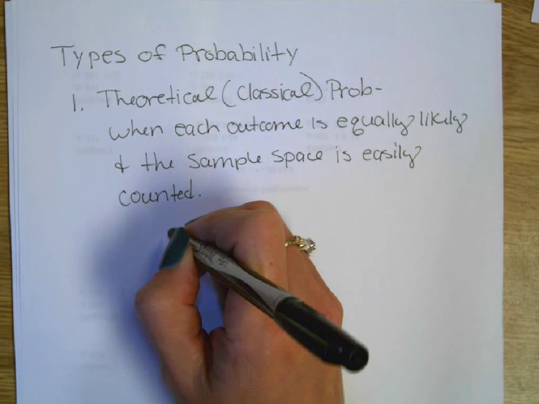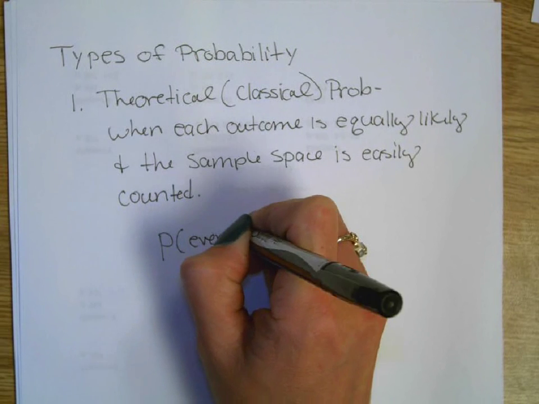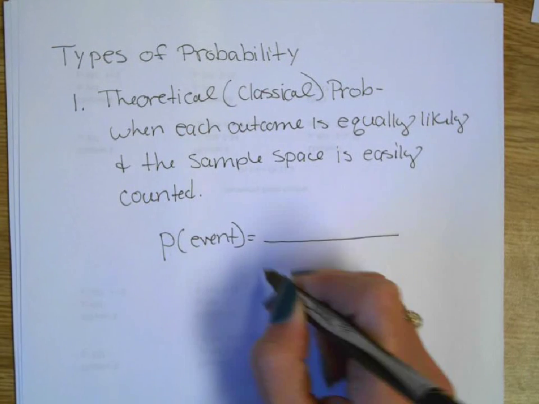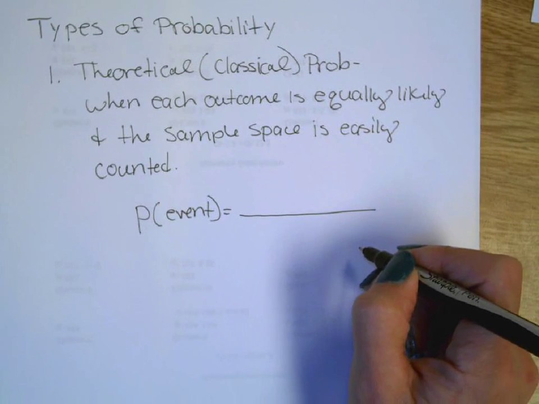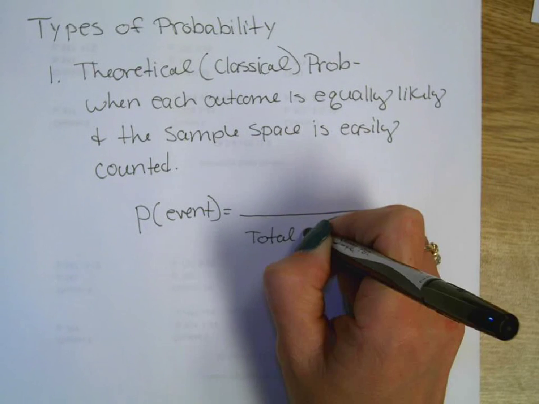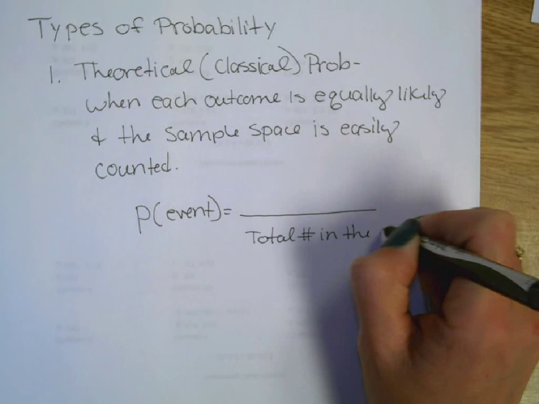So, when we do theoretical probability, the probability of some event happening, your bottom number is always how many outcomes are in the sample space. So it's the total number in the sample space.